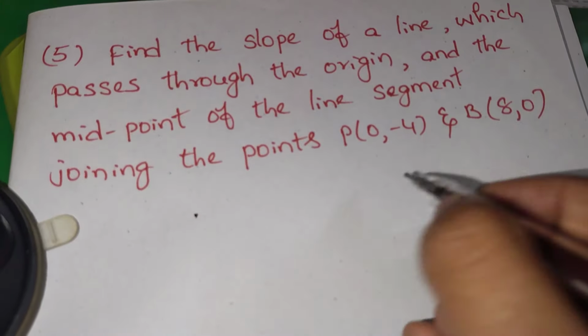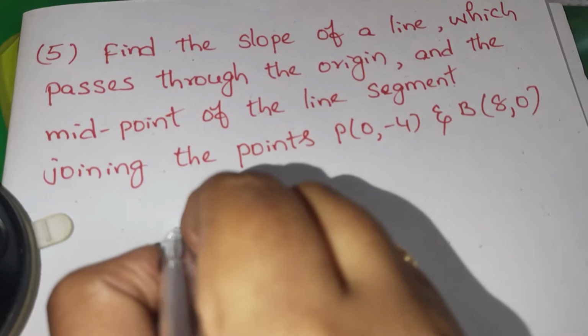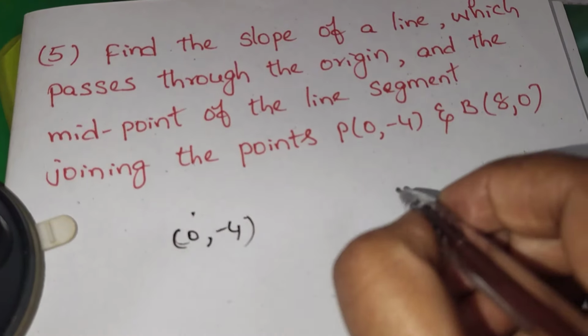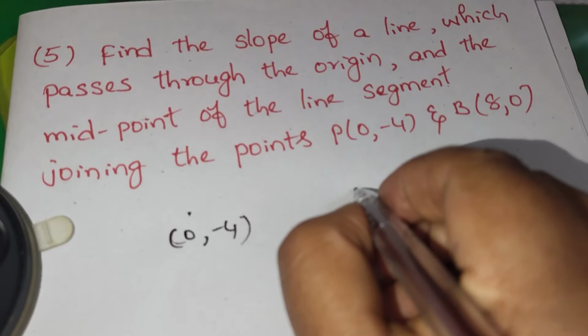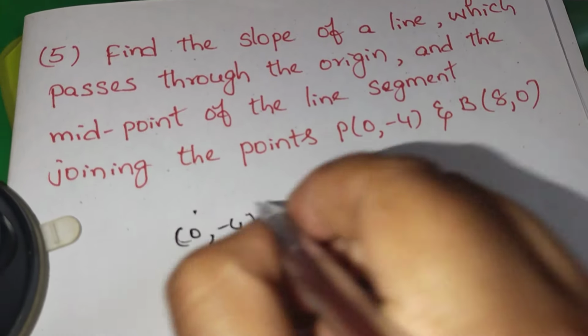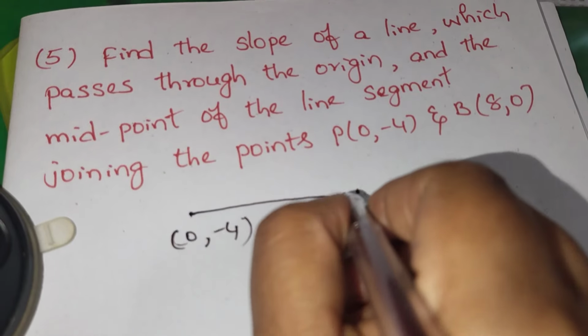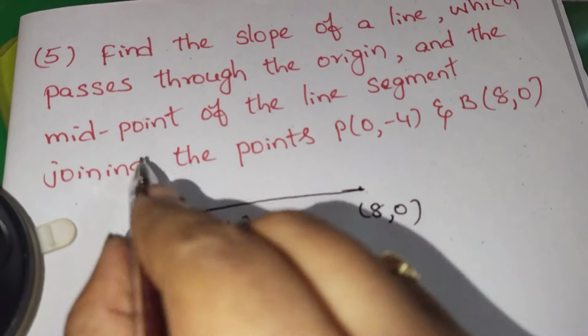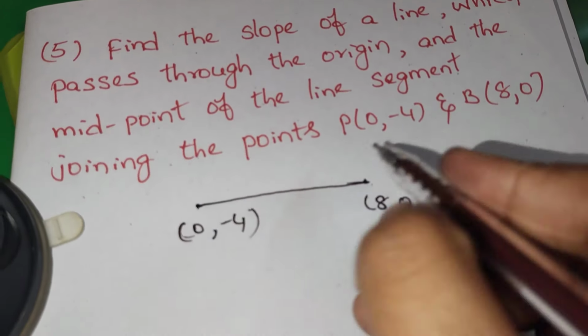The first point P is (0, minus 4). This is one point and one more point is (8, 0). So join these points. This is the line segment.